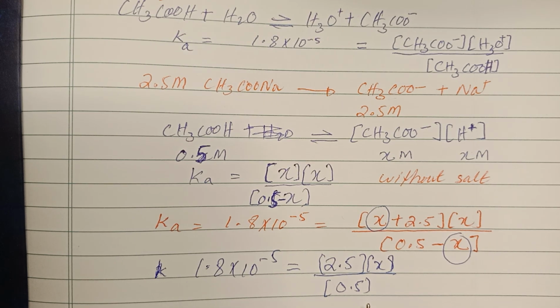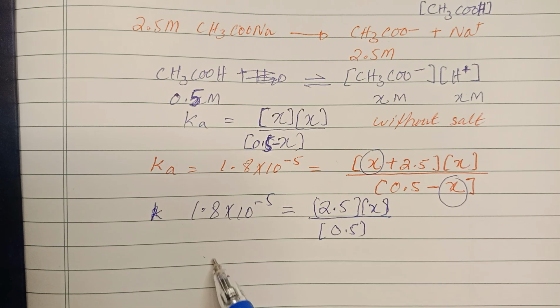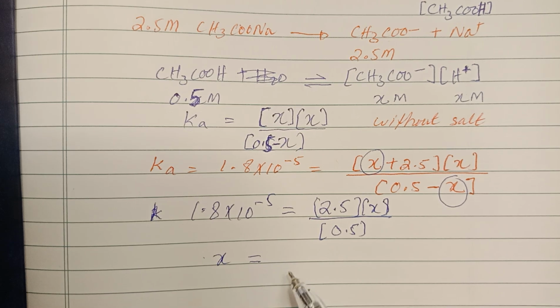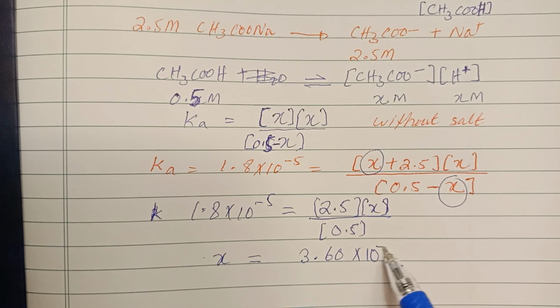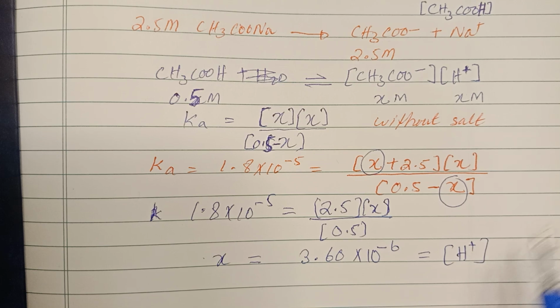This type of simplification is known as the shortcut to the quadratic equations. So we can calculate the value of X, that is 3.60 into 10 to the power minus 6, which is actually the concentration of hydrogen ion.